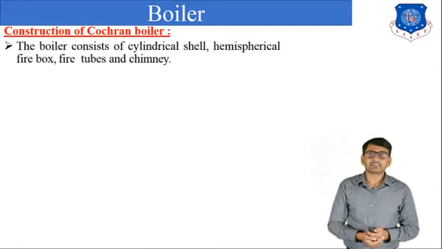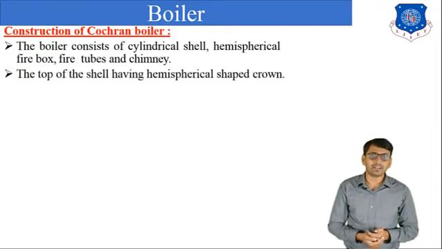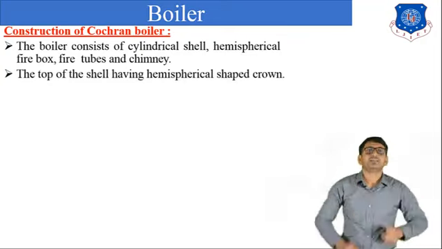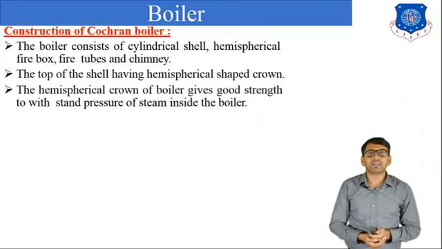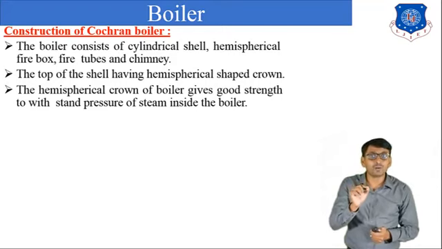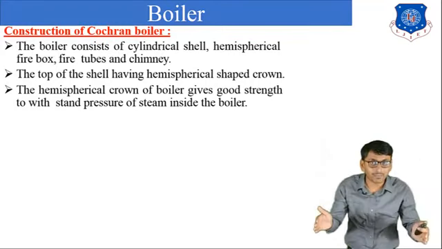Now we discuss the construction of Cochran boiler. The boiler consists of a cylindrical shell, hemispherical firebox, fire tubes and chimney. The top of the shell has a hemispherical shape. The hemispherical crown of the boiler gives good strength to withstand the pressure of steam inside the boiler. Why is the top of the boiler hemispherical?